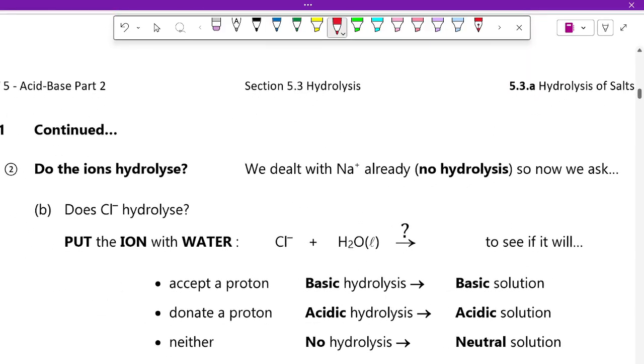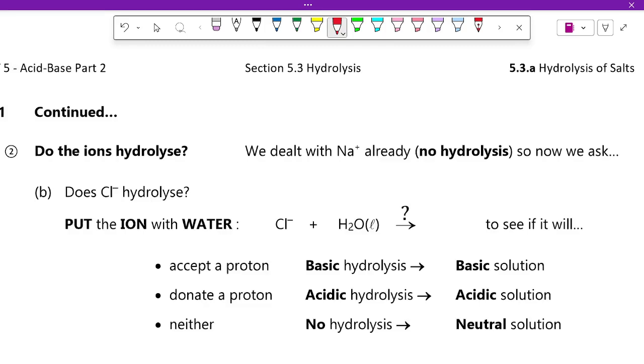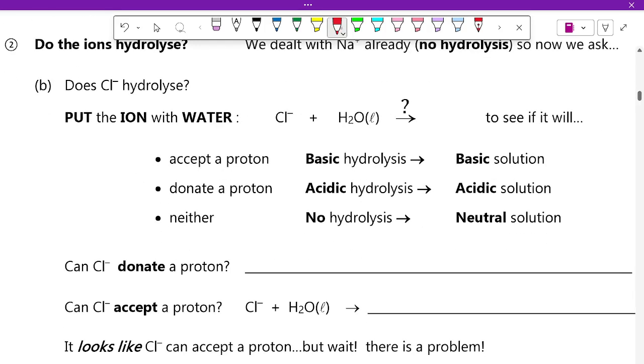Does chloride hydrolyze? We actually looked at this already, and we said, does it hydrolyze? Can it donate a proton? No, it has no proton. Cl minus has no proton. Can chloride accept a proton? We already wrote this.